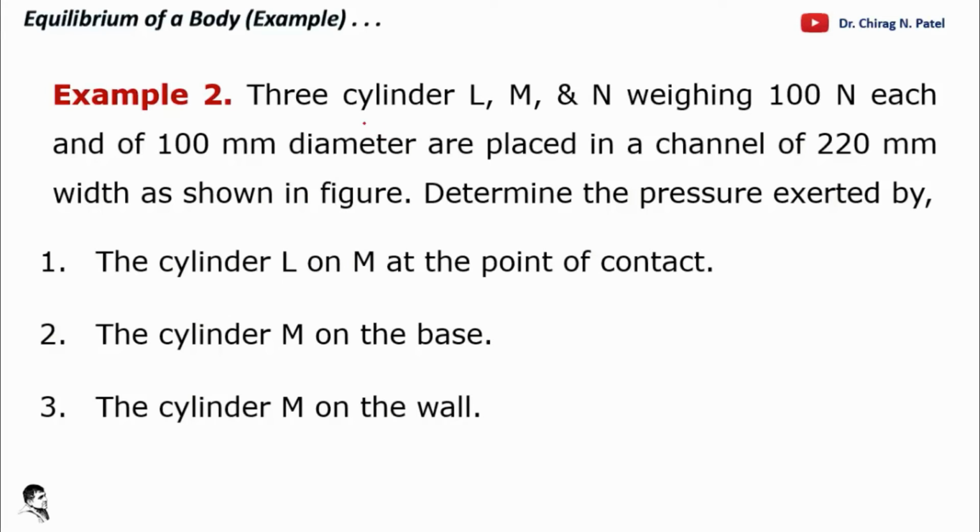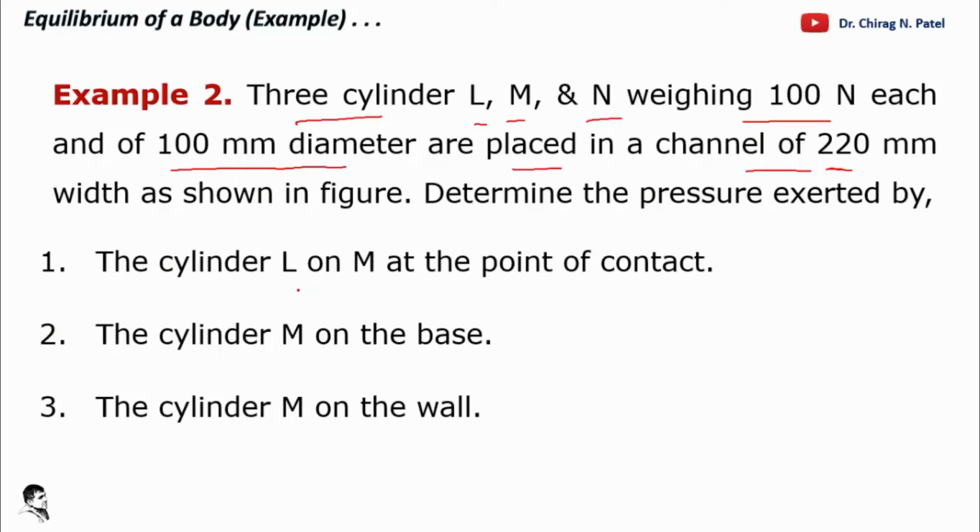Now let us take a second example. In this, a total of 3 cylinders are given, L, M and N, and the weight of each is 100 Newton, and 100 mm is the diameter, placed in a channel of 220 mm. So one dimension is also given.